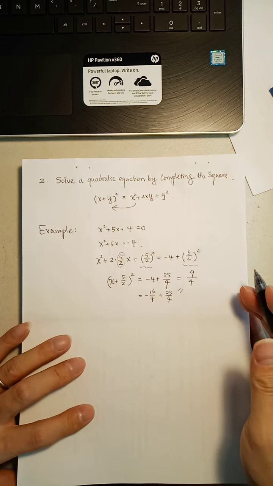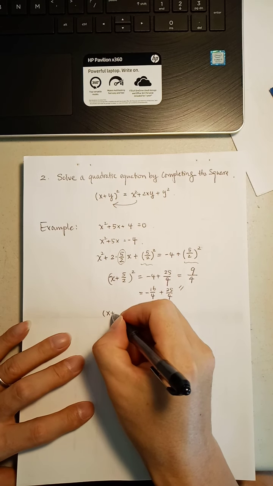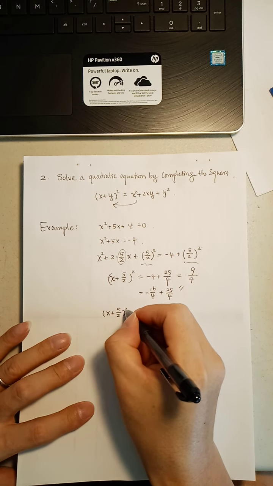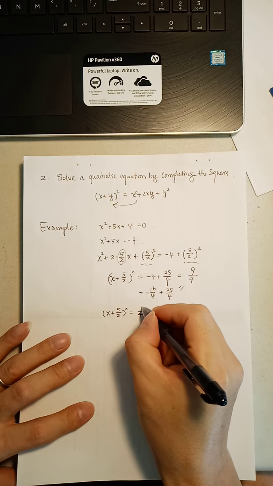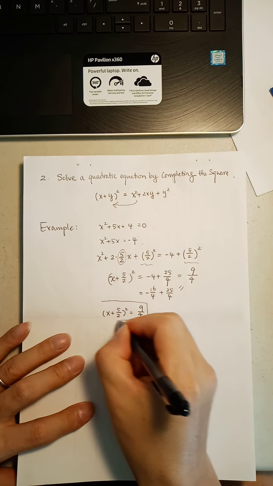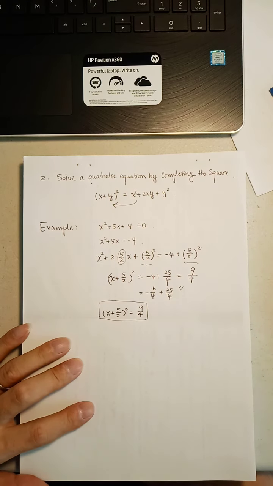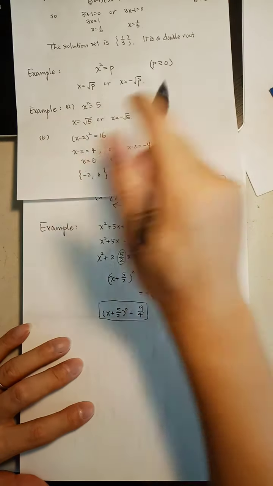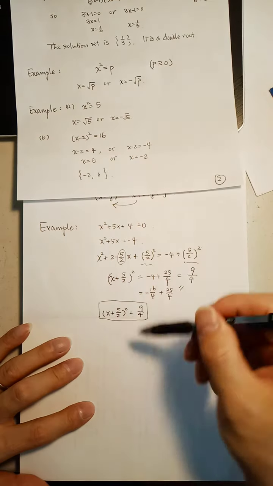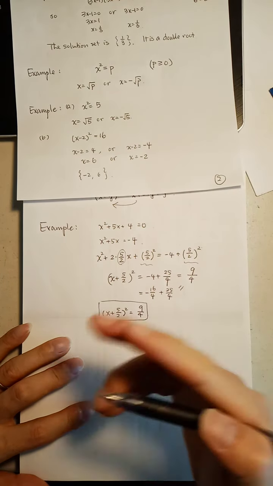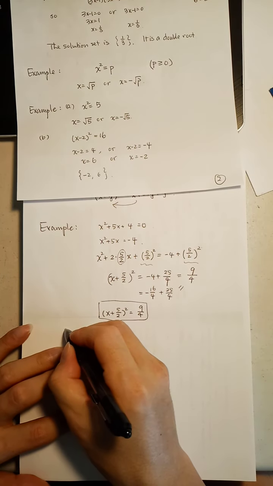Okay, what do we have? Let me copy it here. This is what we have so far by completing the square. Remember the last example we had? The last example, we take the square root, we get plus square root and minus square root.